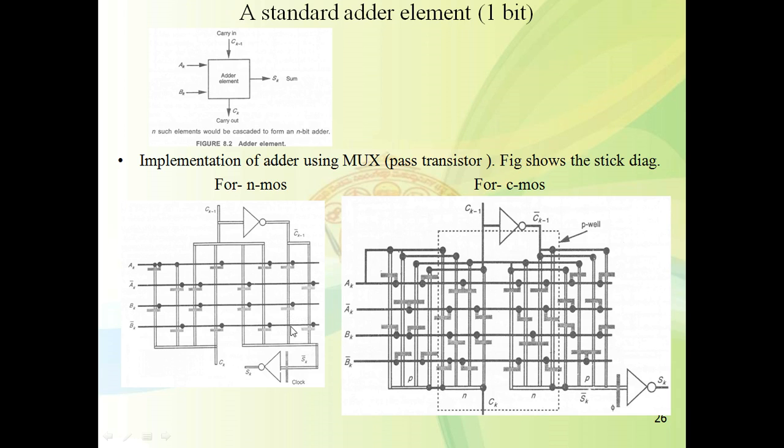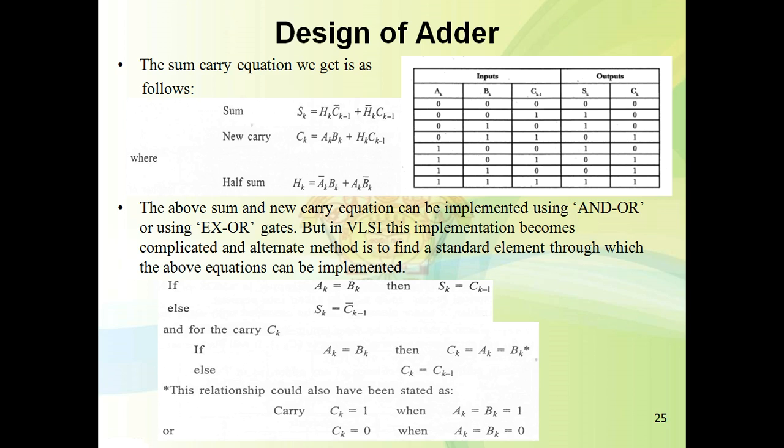So then you will get ck minus 1 bar, sk bar is equal to ck minus 1 bar, and after inverting you will get ck minus 1. So what we got first, that is sk is equal to ck minus 1, whatever the previous equation.